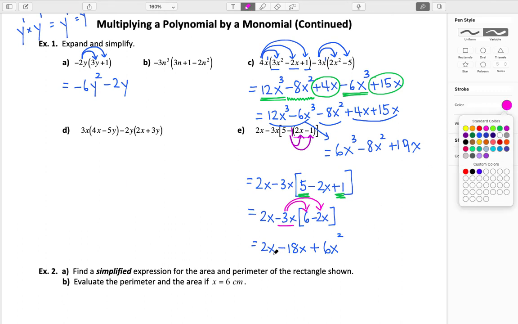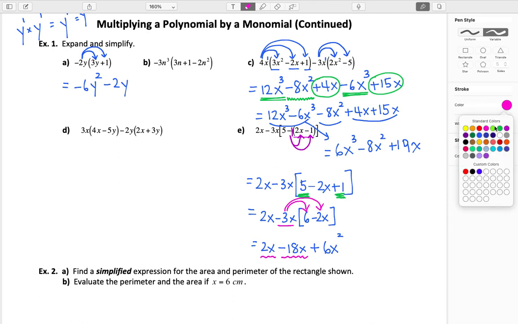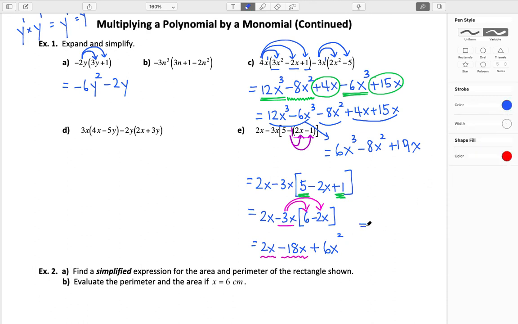And the last step, these two are the like terms, 2x and negative 18x.